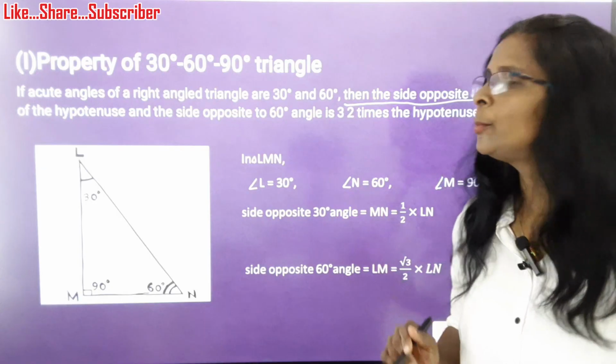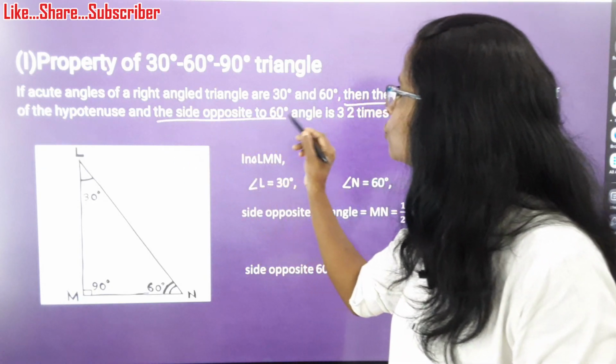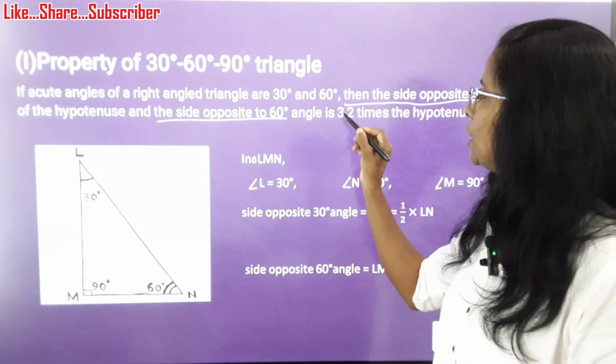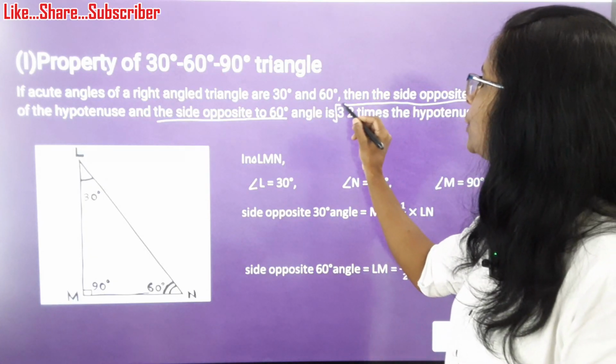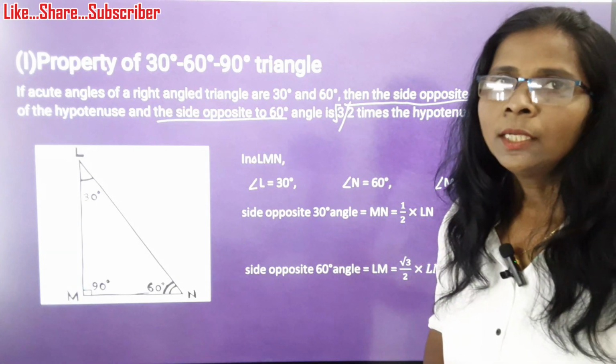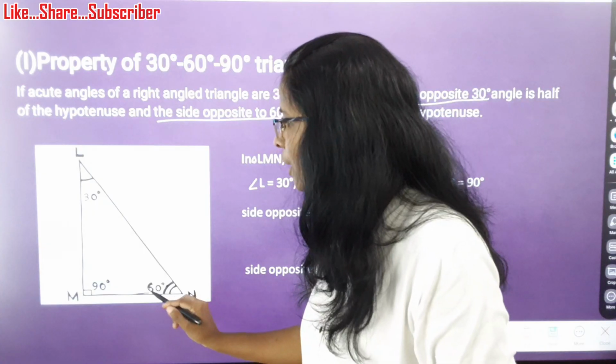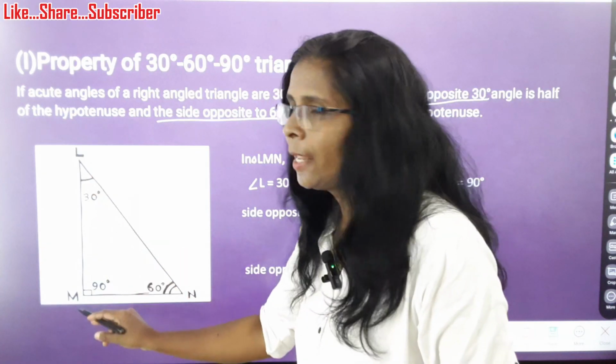And what about the property of the 60 degree angle? The side opposite to the 60 degree angle is root 3 by 2 times the hypotenuse. Okay, so the side opposite to 60 degrees: this is the 60 degree angle, and the opposite side is LN.